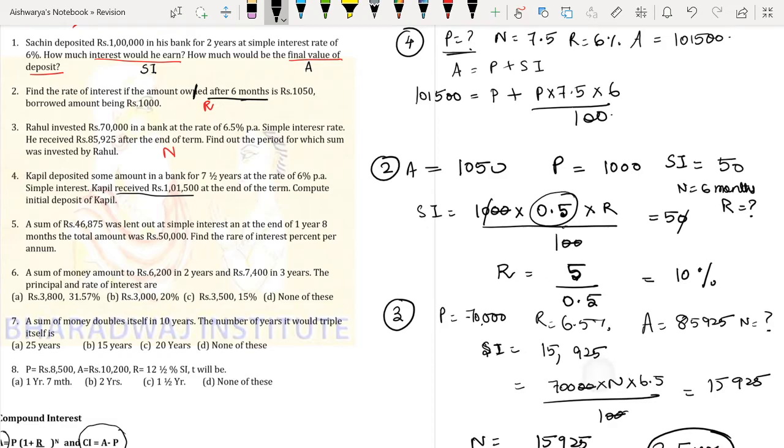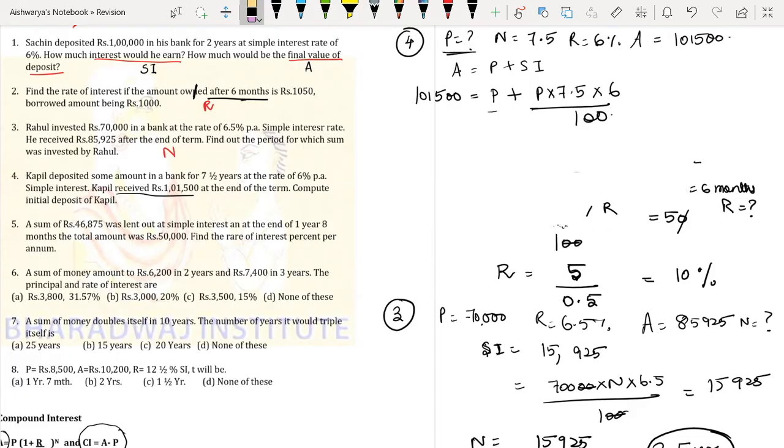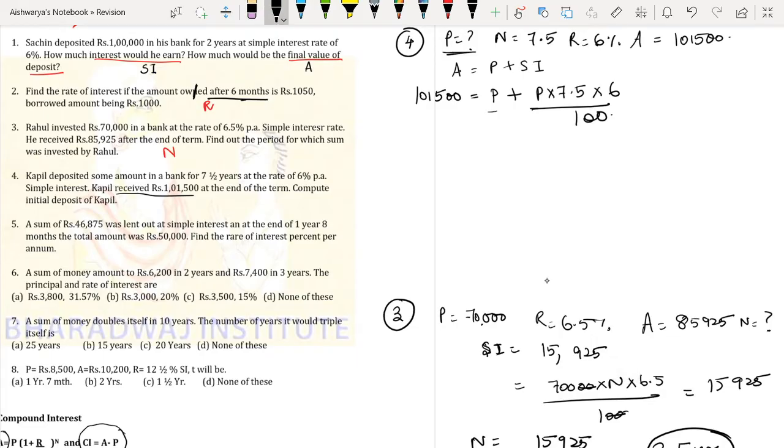Now using this formula, let's take out P common in both. What you get is 1 plus, what you do is take 7.5 into 6 on your calculator, divide it by 100 and see what you get. 0.45.